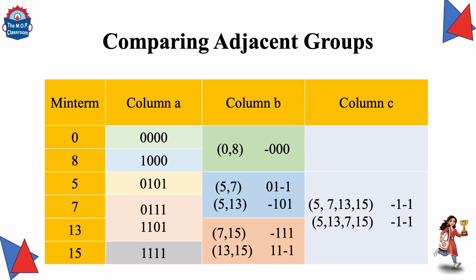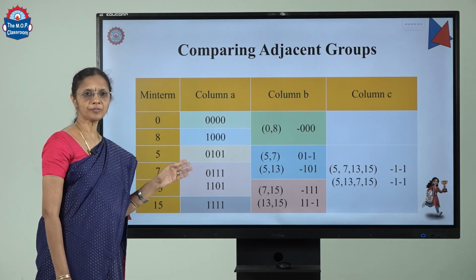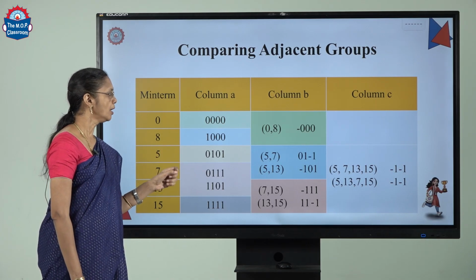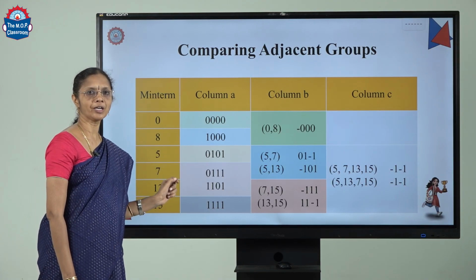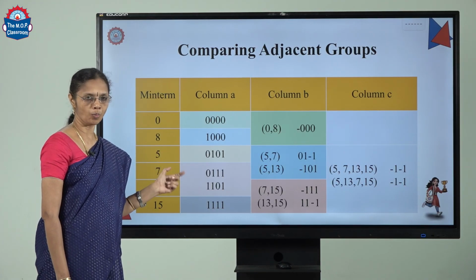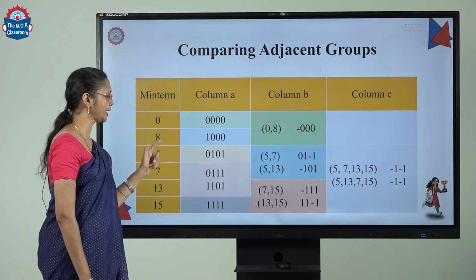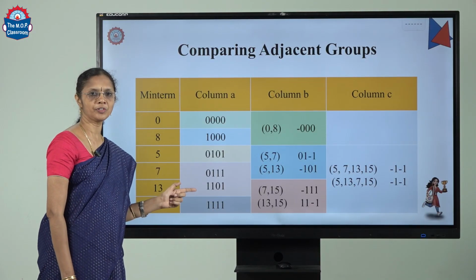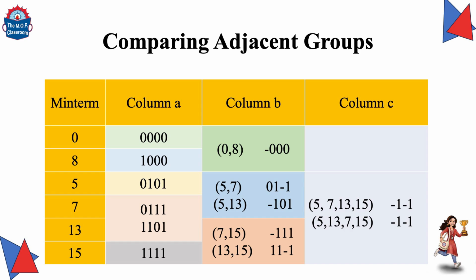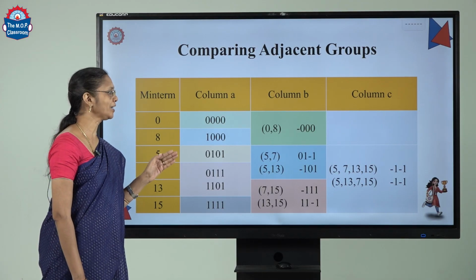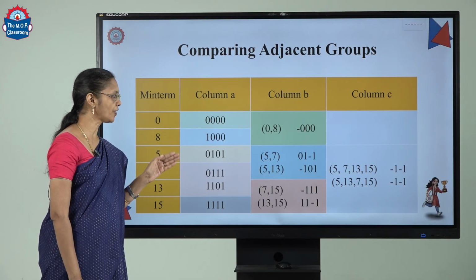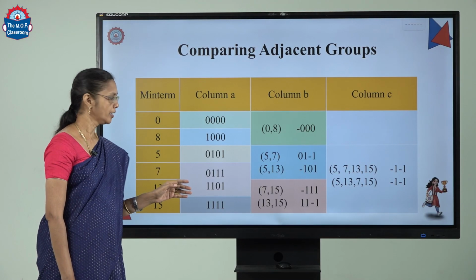Now come to 5, 13. 5, 13 when compared with 7, 15, you get it as dash 1 dash 1 because the dash is in the same position and also it differs only by 1 bit. But whereas when you take 5, 13 and compare it with 13, 15, it is not possible because you have more than 1 bit which differs. So you get a column C which has 5, 7, 13, 15 and 5, 13, 7, 15.